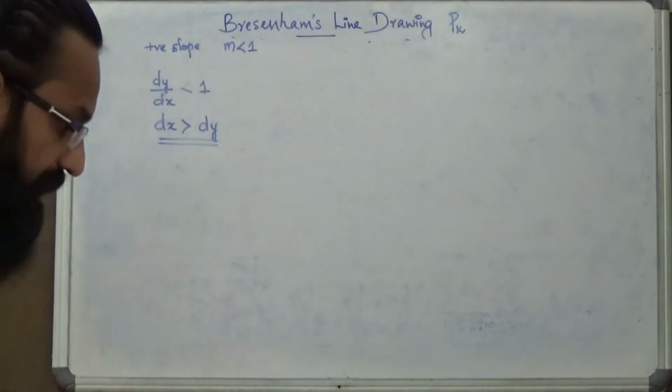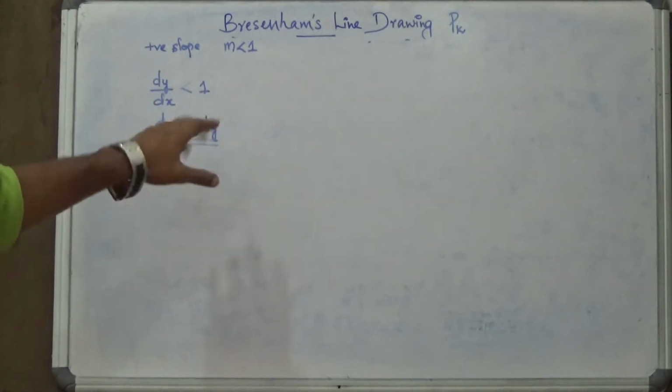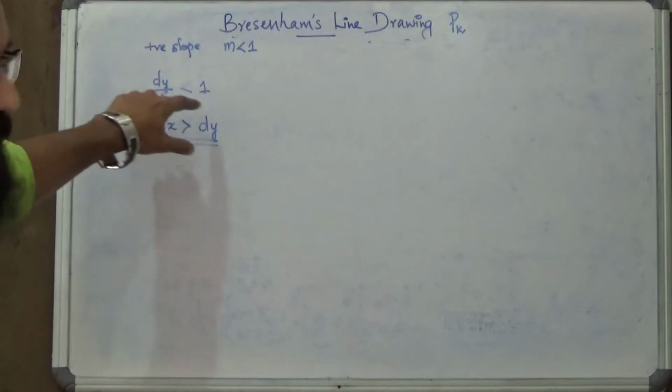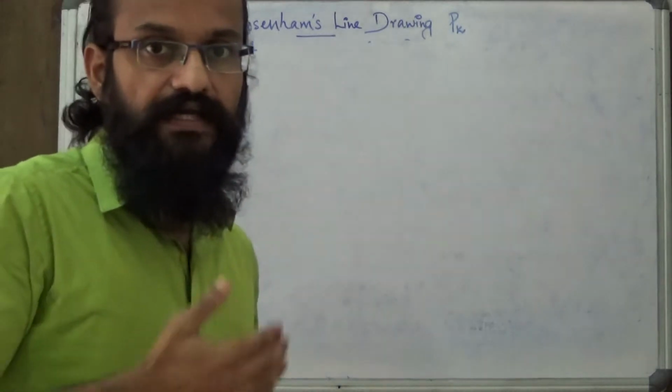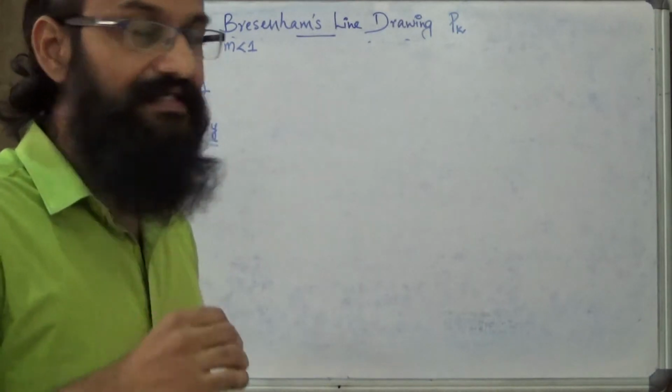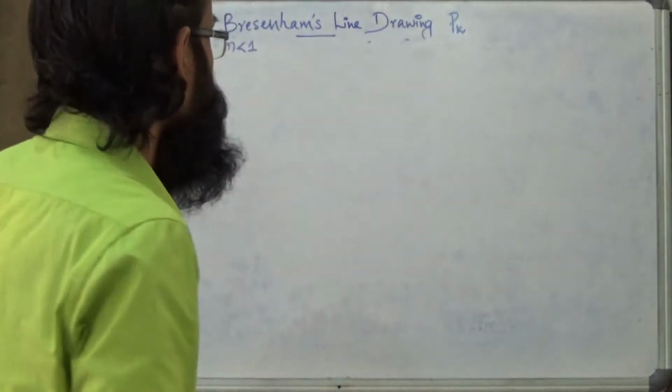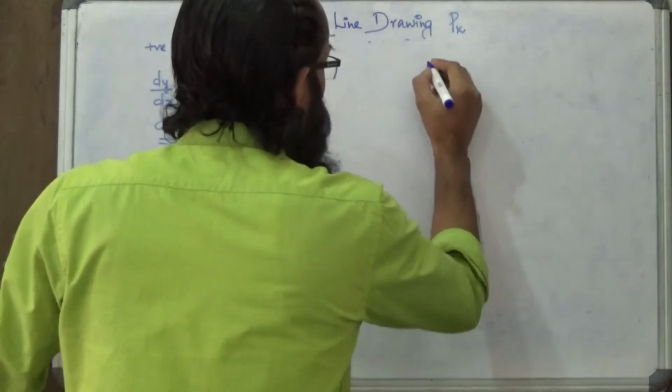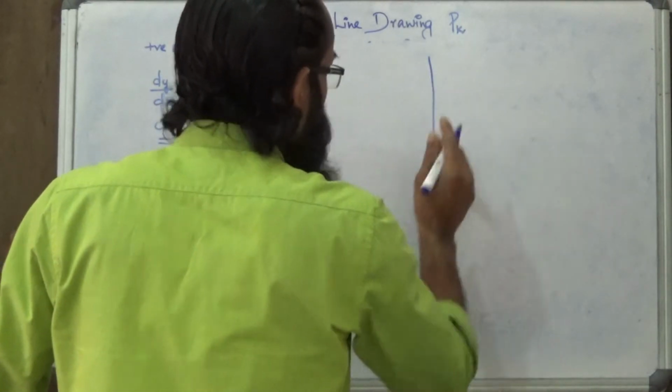So we are considering a line with positive slope with m less than 1. So dx is greater than dy, and we are going to sample x at unit intervals and determine the corresponding y value based on the decision parameter pk. So let us consider this particular situation.